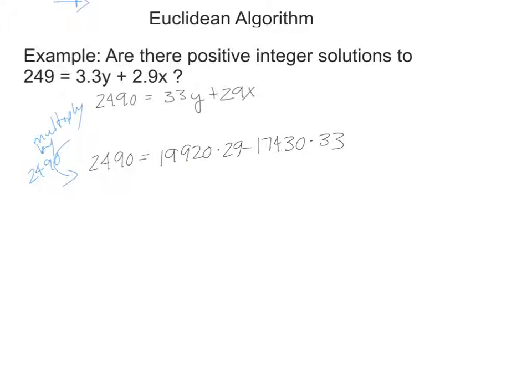Okay, so to get positive integer solutions, we're going to introduce a variable that'll allow us to shift things around until things are positive. So we're going to take this 19920 and subtract 33k, and then over here I'm going to take the 17,430 and add 29k. Essentially we haven't changed the equation, because here we're subtracting 29 times 33k, and here we're adding it back, the 33 times 29k.